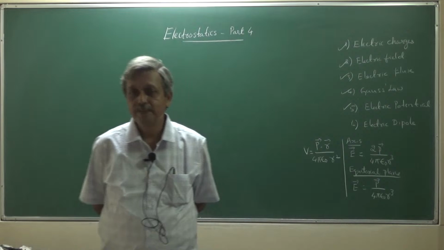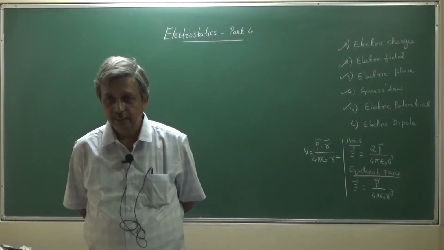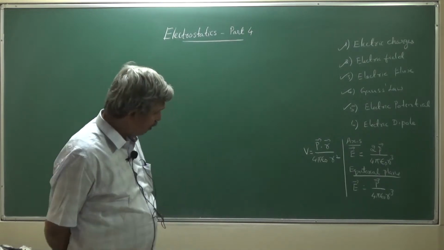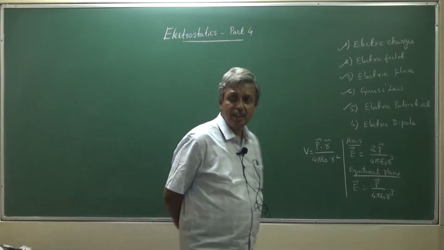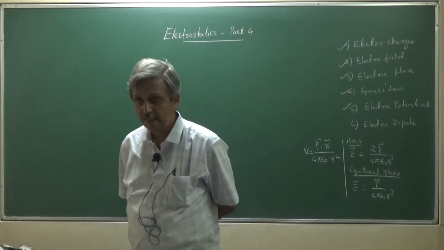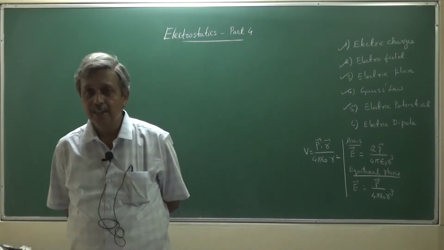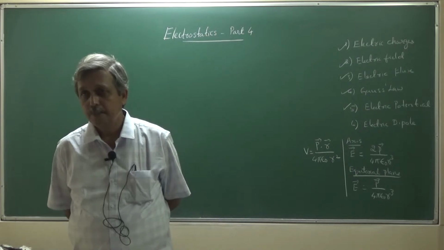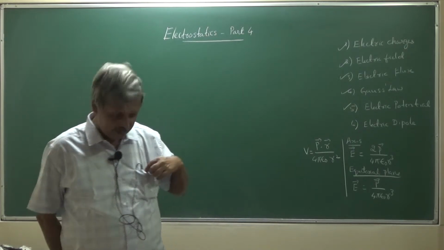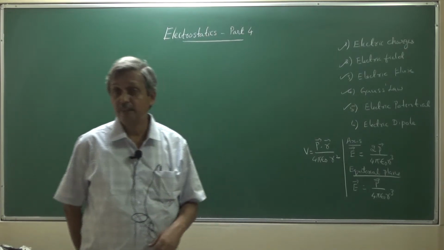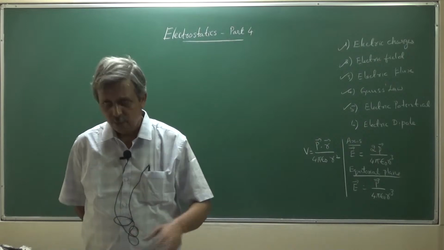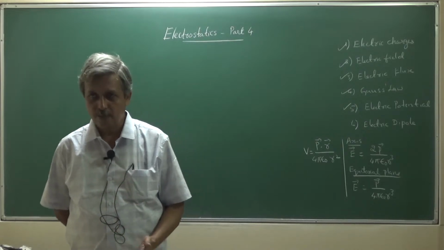Then only it becomes very simple. Today we will see the meaning of an electric dipole, and we will also understand, when an electric dipole is there, what kind of electric field it can produce and what kind of electric potential it will produce. Those are the aspects that we are going to follow.